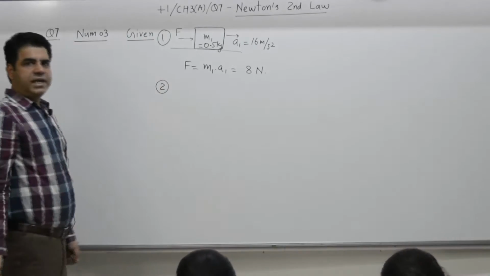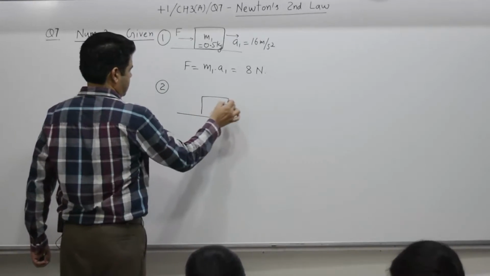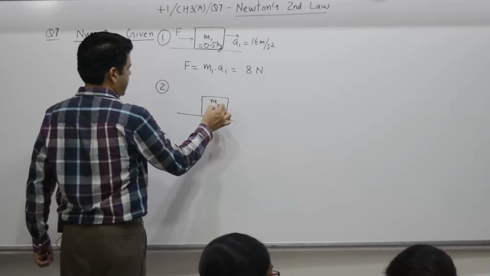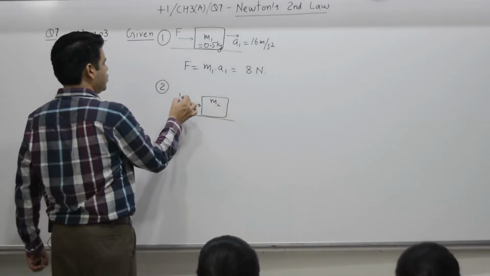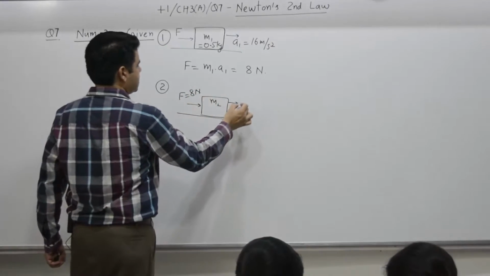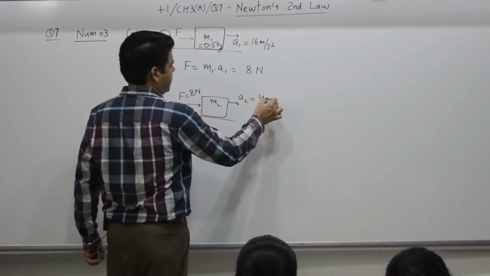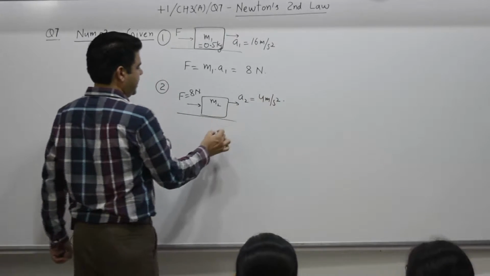Second experiment. Another object, mass M2, same force of 8 Newton produces what acceleration? 4 meter per second square. Find M2.